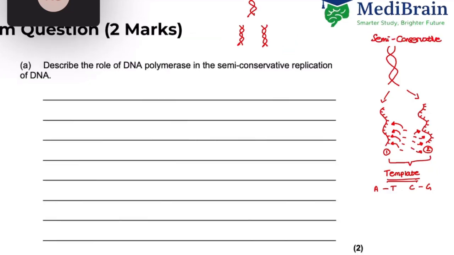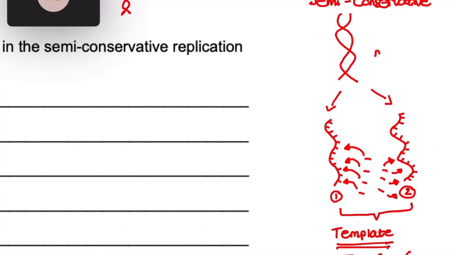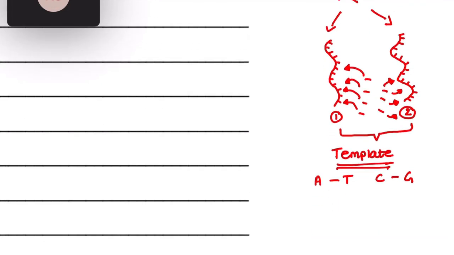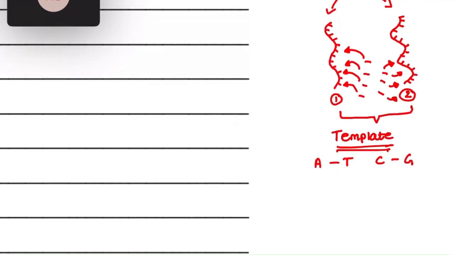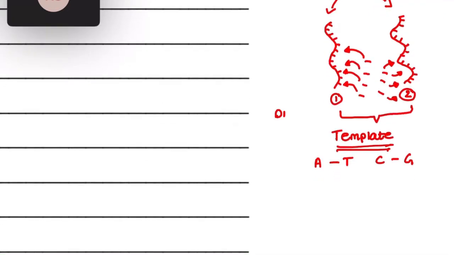How do the strands break apart? We've got DNA helicase. DNA helicase breaks the adjacent hydrogen bonds, and then over here, catalyzing the formation of the phosphodiester bonds is DNA polymerase.